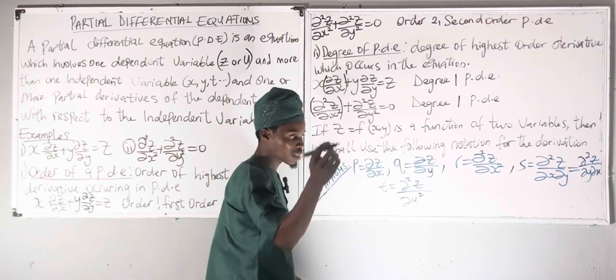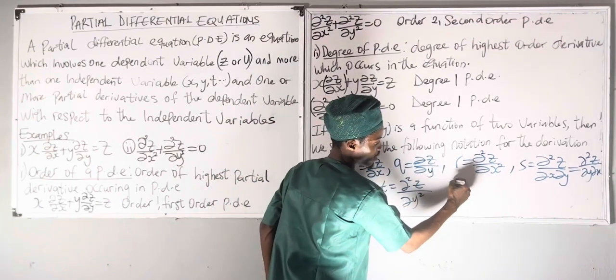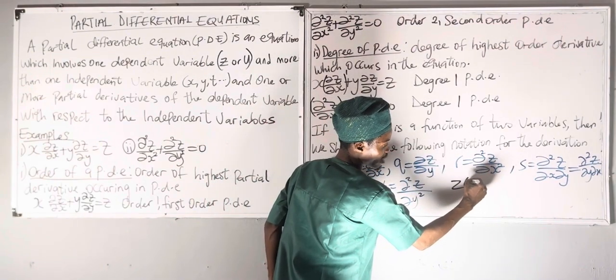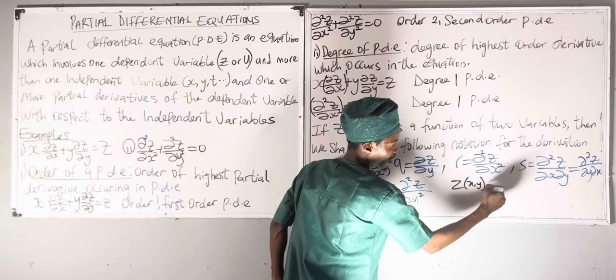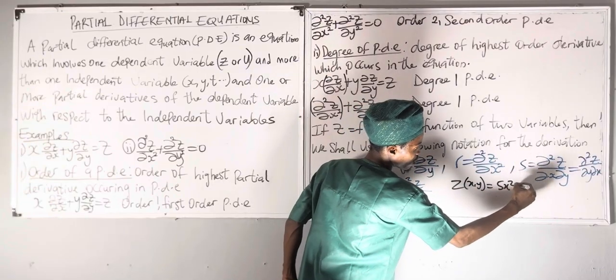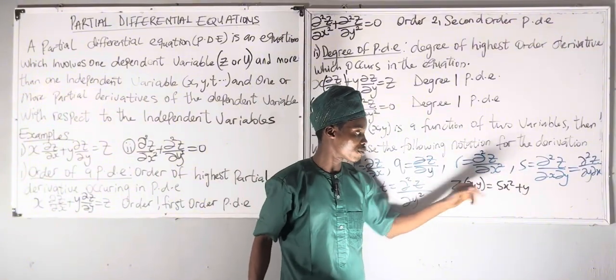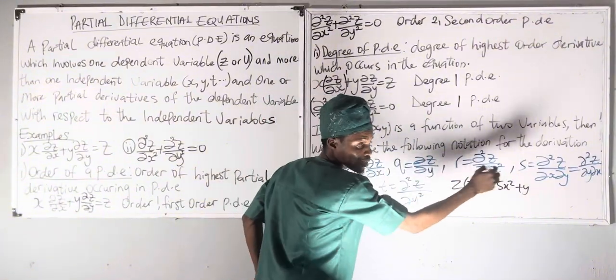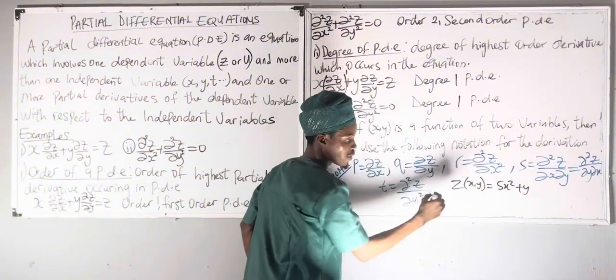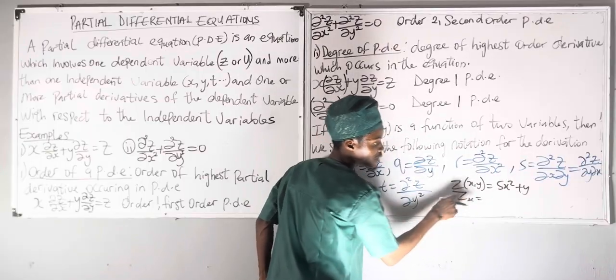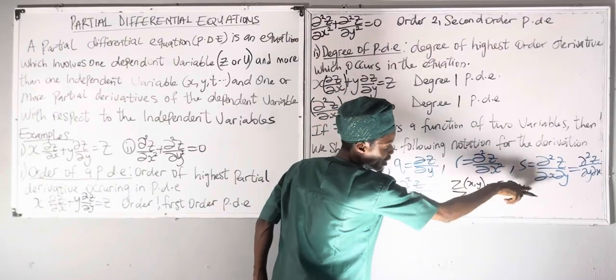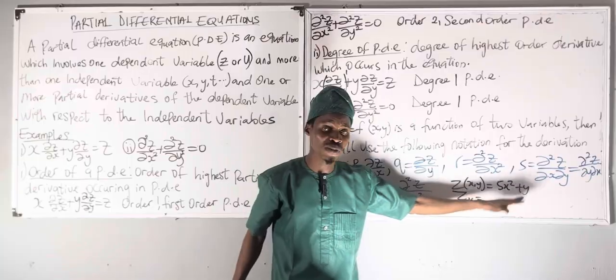A good example is that if I have z of x, y equal to 5x² plus y here. You can see that this z is a function of x, y. So if I differentiate zx, this means I'm differentiating with respect to x only.